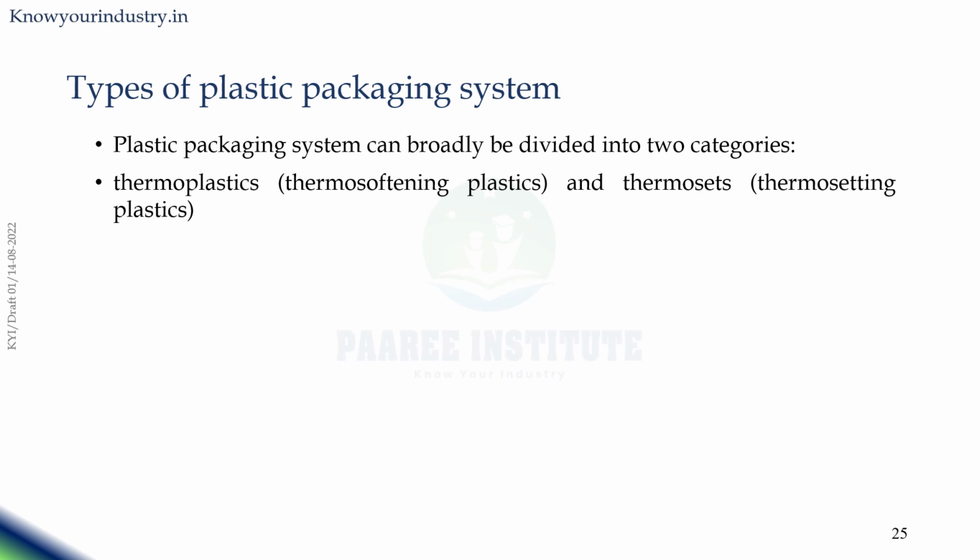For example, polyolefin, polyvinyl chloride, and polypropylene are all called thermoplastics. Thermosets are highly stable with respect to temperature and are used for more stable products.